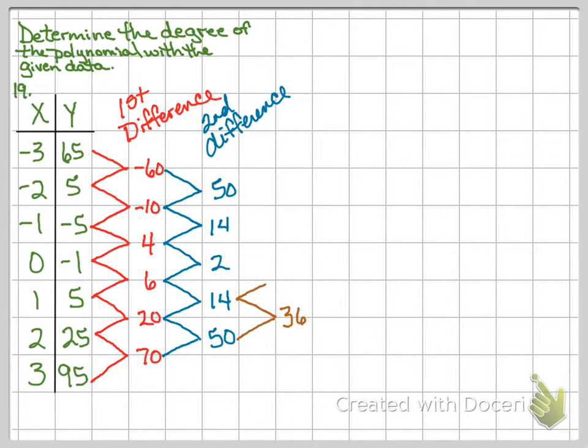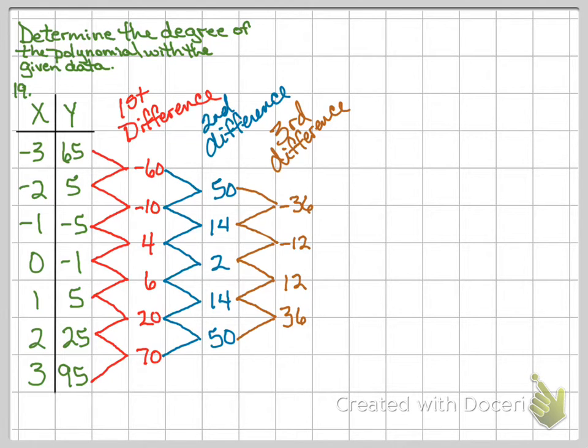I have 14 minus 2 gives me 12. 2 minus 14 gives me negative 12. 14 minus 50 gives me negative 36. That's my third difference. Okay, still not there. Patterns are getting tighter, but we're still not there.